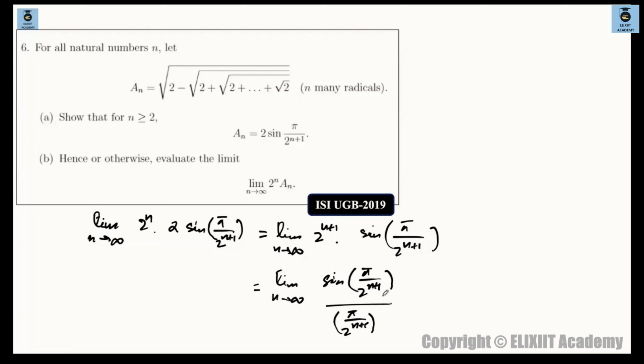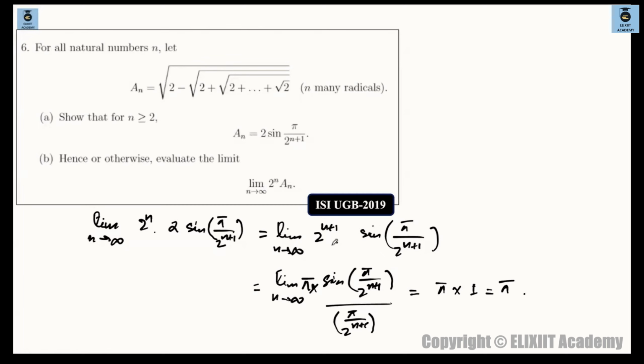Pi was not there, we have forcefully brought it, so multiply by pi over here. So this turns out to be, now see what the format is: as n tends to infinity, this tends to 0, so sin of 0 divided by 0, the same format, sin x by x, so limit x tends to 0 sin x by x. So this will basically turn out to be pi times of 1, which is pi only. So the value of this thing is pi.